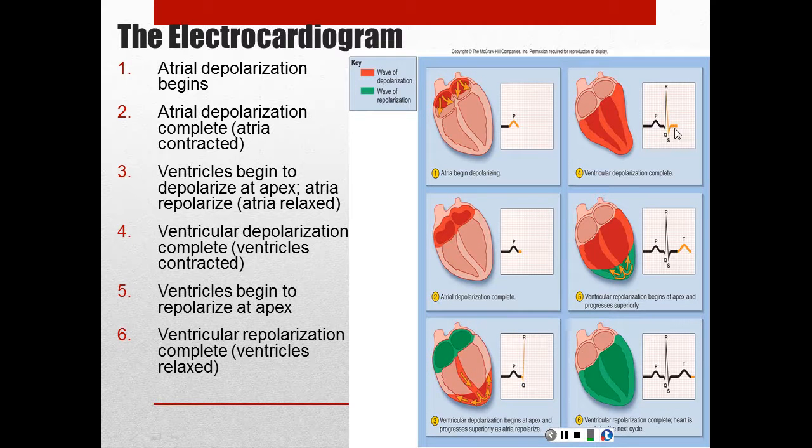So QRS right before the T. In number 5, we have the ventricles that begin to repolarize at the apex. So that's when they're starting to relax at the apex. And in number 6, we have a complete relaxation or repolarization of the ventricles.